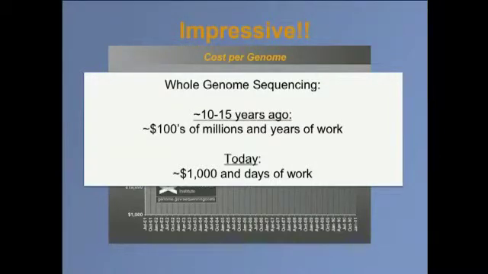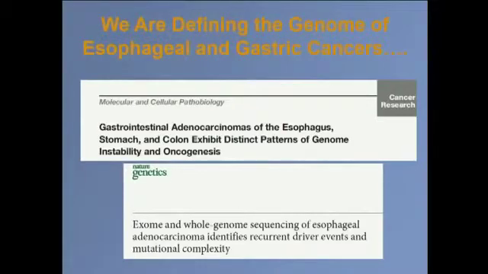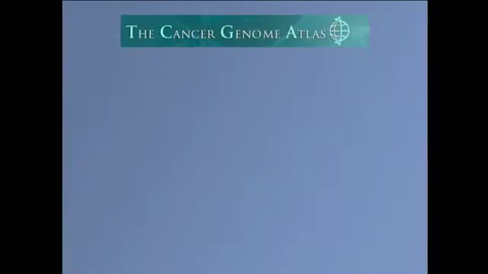And that has unlocked the ability to look comprehensively at cancer and say, what are the genes that are altered? Our lab at Dana-Farber has been leading a number of efforts to map out the genes involved in cancer, and one of the most exciting projects is called the Cancer Genome Atlas, or TCGA.